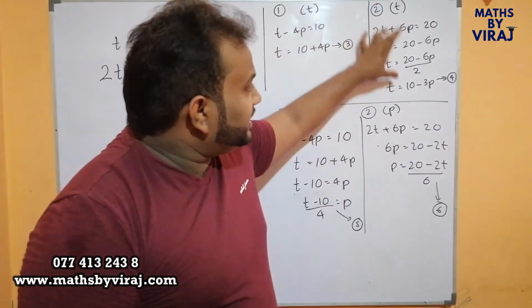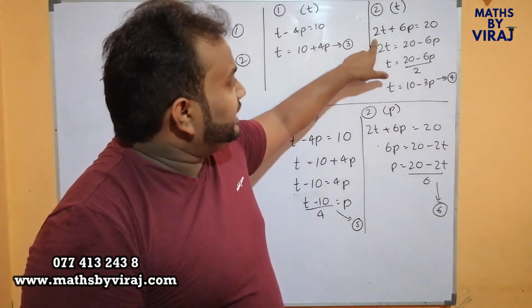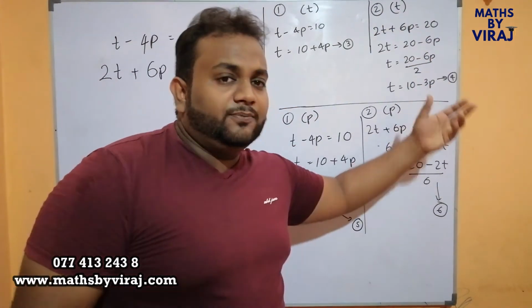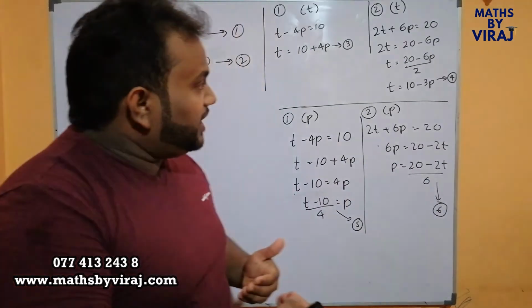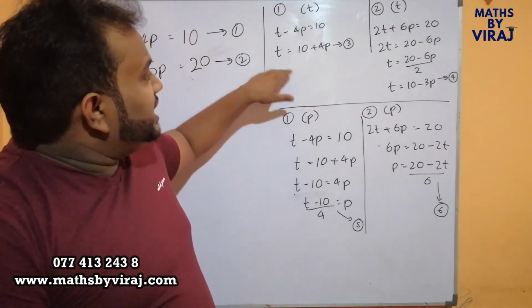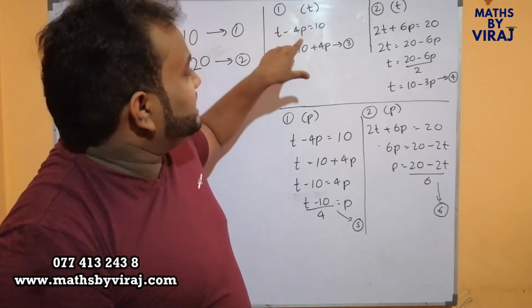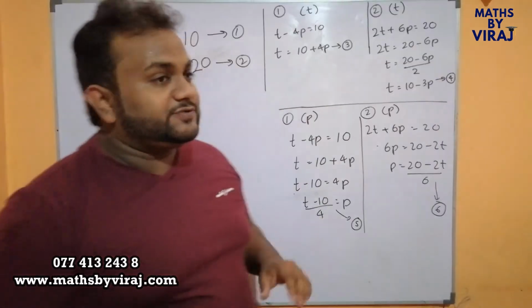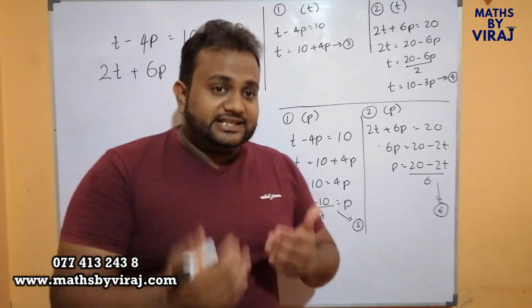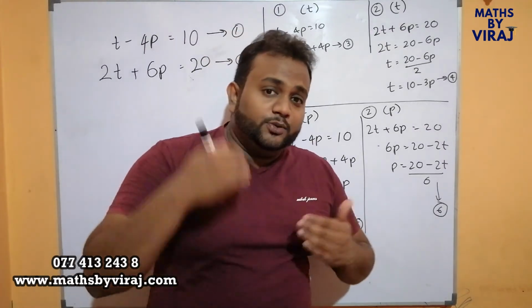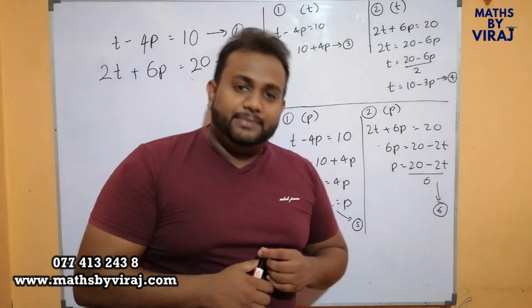But if you look at the working, 2t plus 6p is equal to 20 consists of more mathematical parts. Therefore, it's wise to use the first equation, t minus 4p equals 10 and t equals 10 plus 4p. The reason is, the less work you have to do, the less possibility there is of making a mistake.